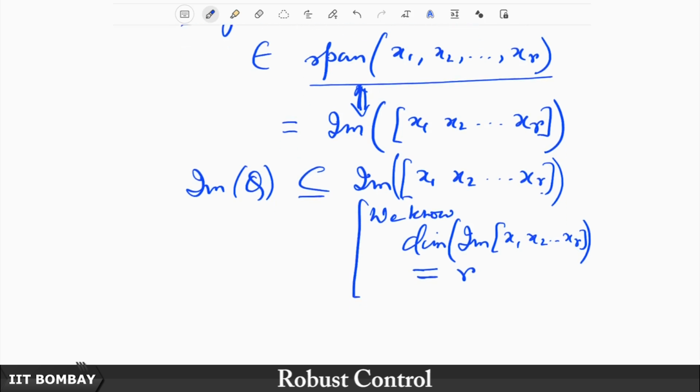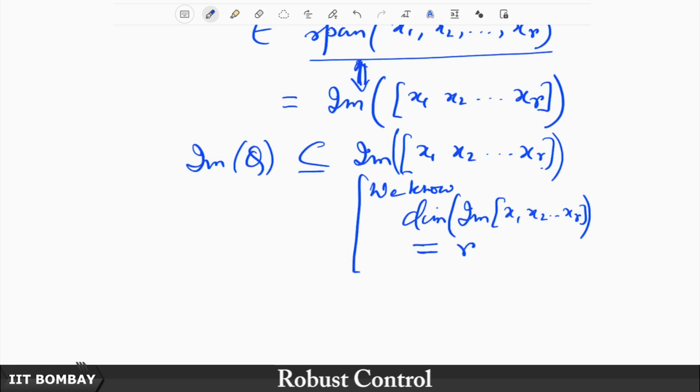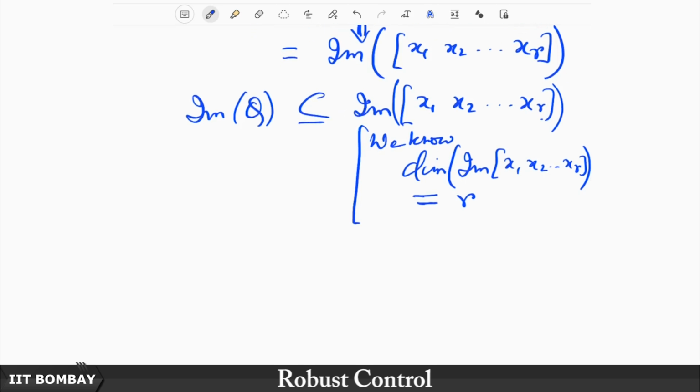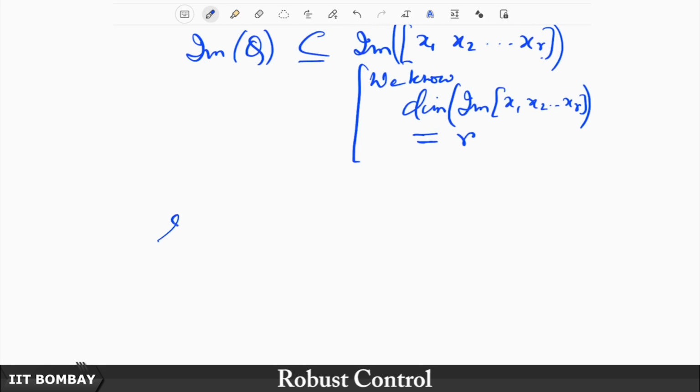Because of course, the columns of the matrix x star are linearly independent, they are an orthonormal set of vectors. So, they are linearly independent, so the dimension of this image is exactly r. So, all that we now need to show is that anything that belongs to this belongs to the image of Q.